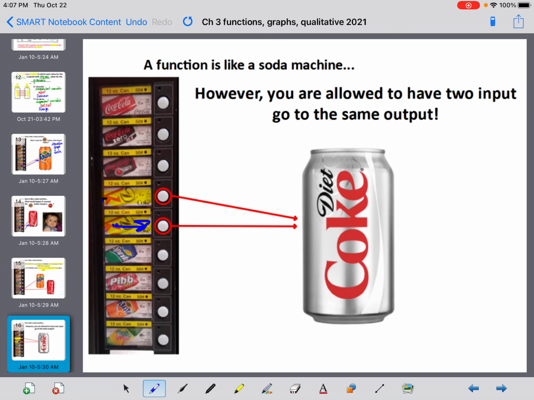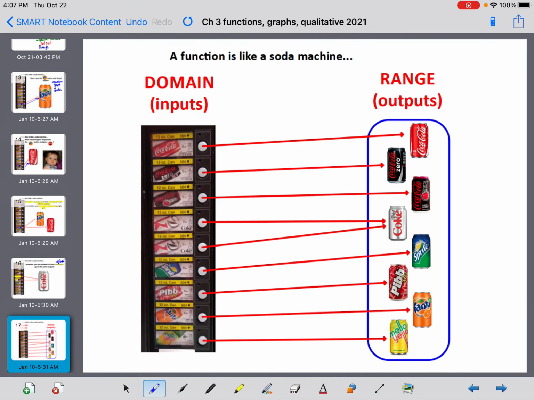And so I can have two different inputs. Let's put that in our notes: two different inputs go to the same output. Okay. So here are our inputs, our x values, our domain.